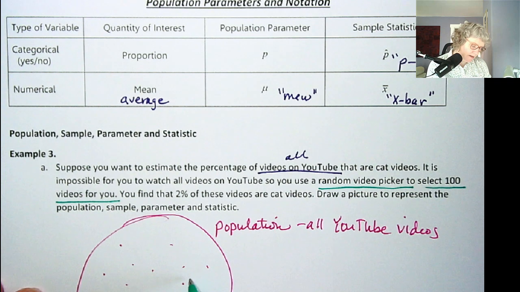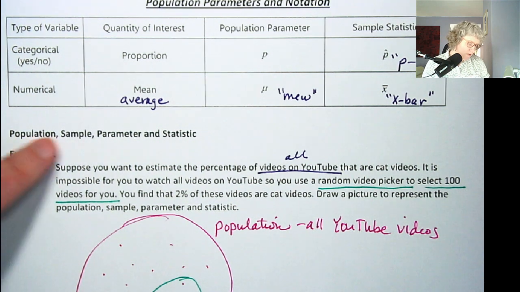So I'm going to say, we've got some subset and there's 100 videos in there. So this is our sample. 100 randomly selected videos.